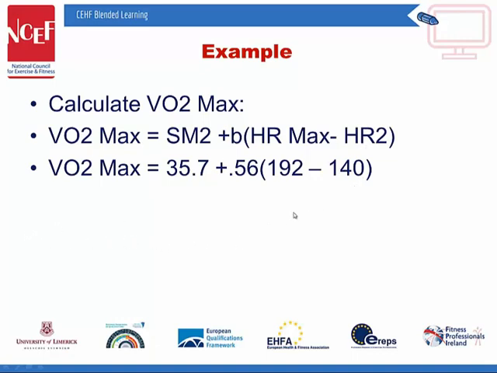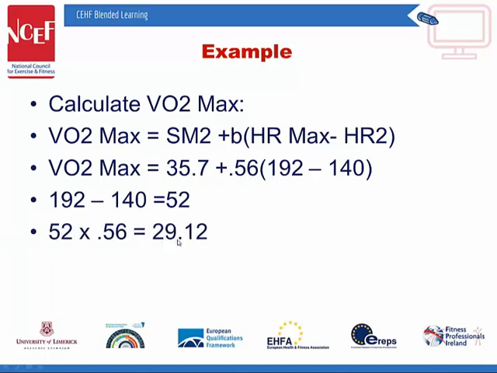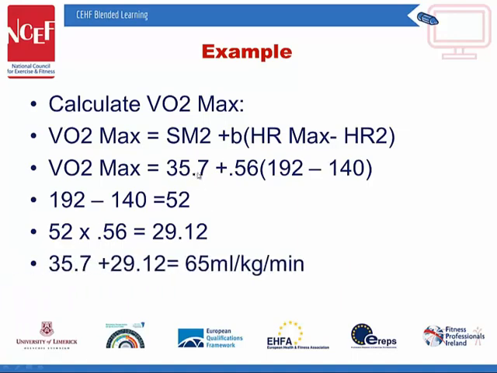If we calculate that out, as we've said before, once you see brackets, you do what is inside the brackets first. So the first thing we do is 192 minus 140, and that gives us 52. What's outside the brackets, we must multiply 52 by 0.56. 52 multiplied by 0.56 is 29.12, and the last thing we have to do is add on 35.7, which gives us our answer at 65 milliliters per kilogram per minute of exercise.